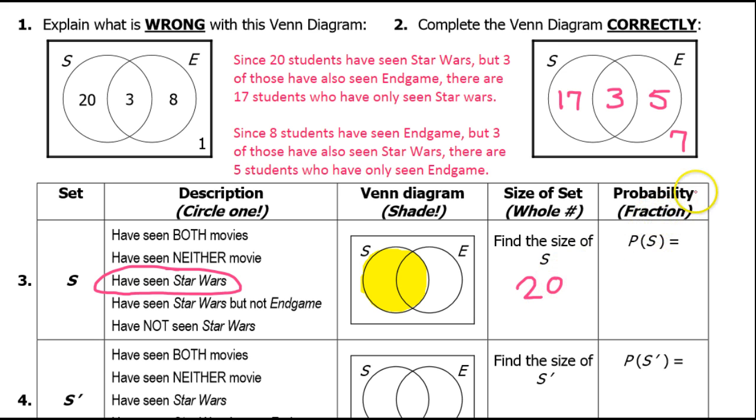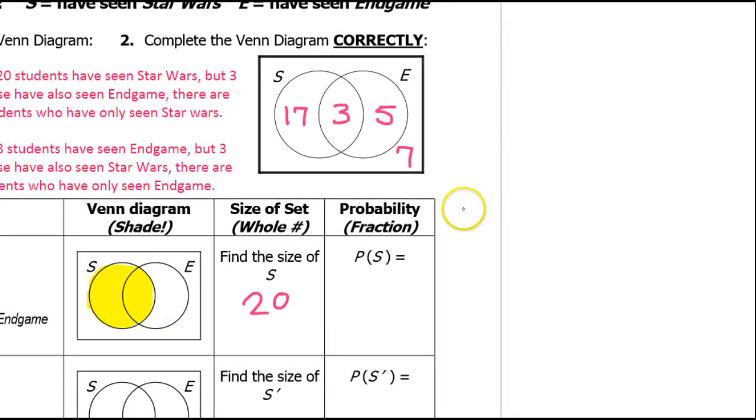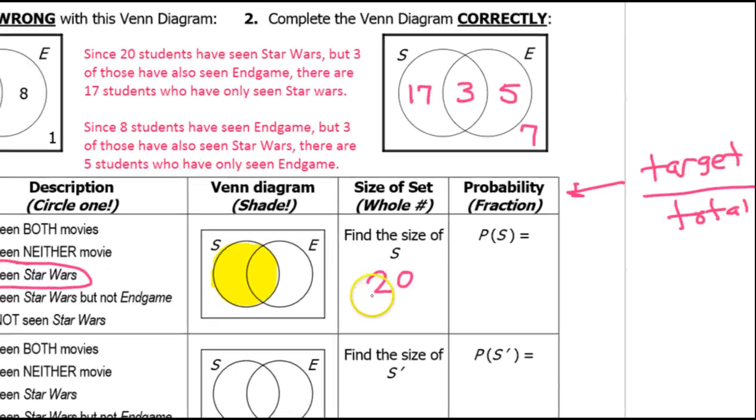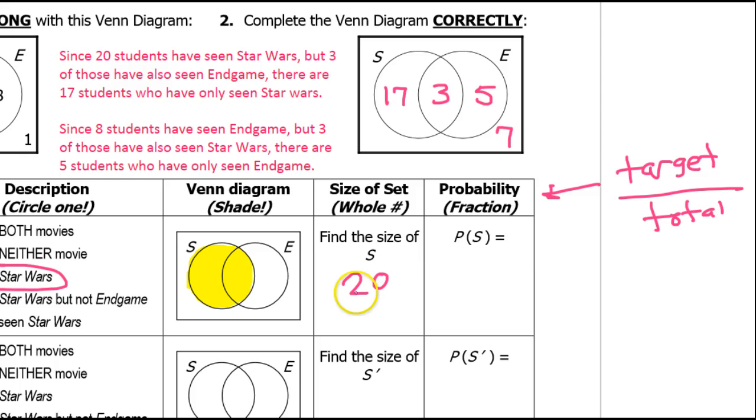Now, a probability, at its core, is always going to be target over total. So in this case, the target is the 20, all right, that's the students who have watched Star Wars.